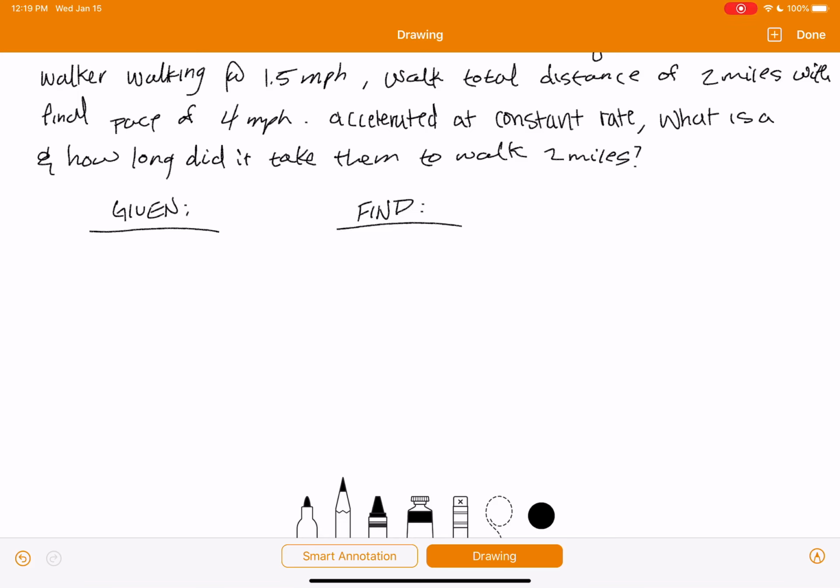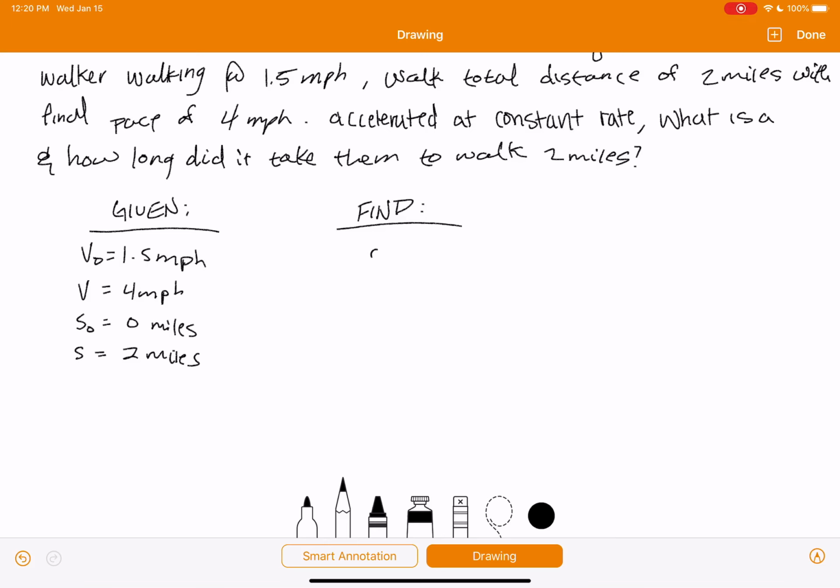Okay, so I know that v naught equals 1.5 miles per hour, v equals 4 miles per hour, and s naught equals 0 miles, because that's where we're starting to measure our increase in acceleration. And so then s would be that final 2 miles.